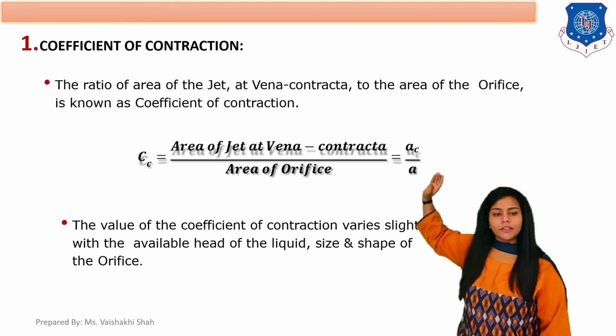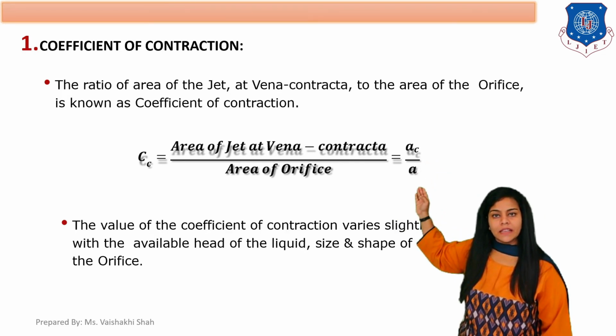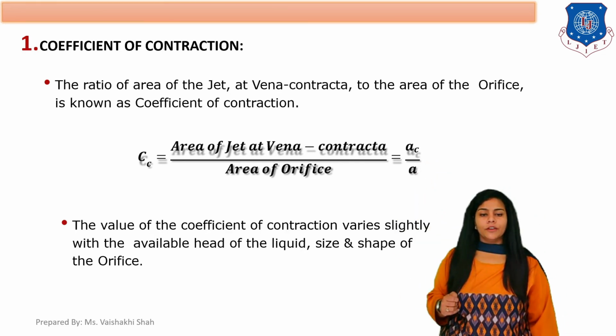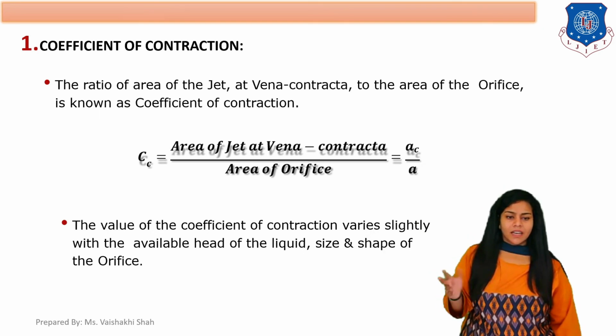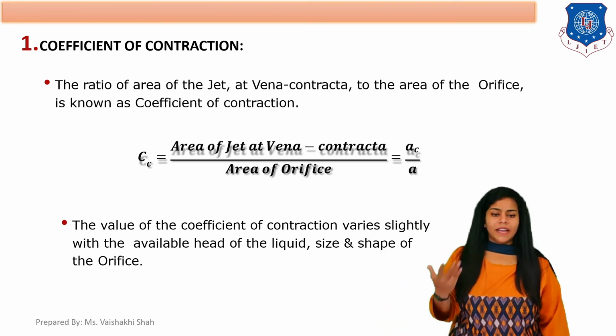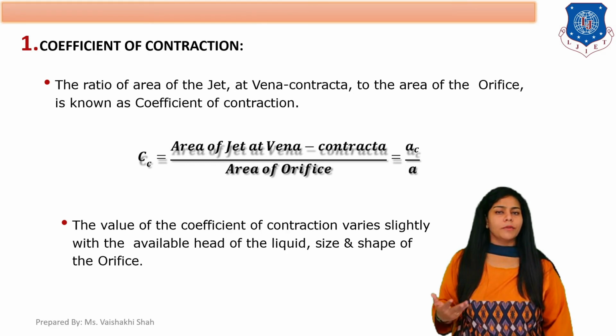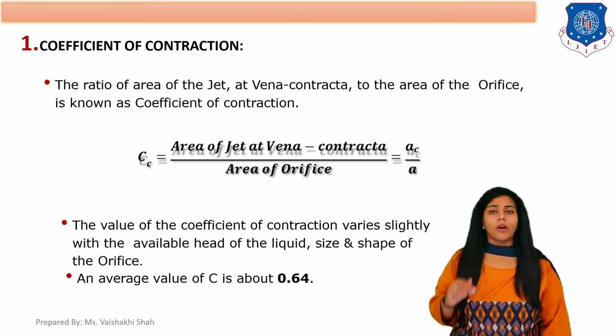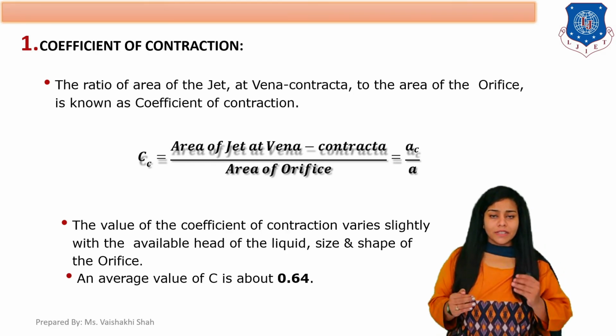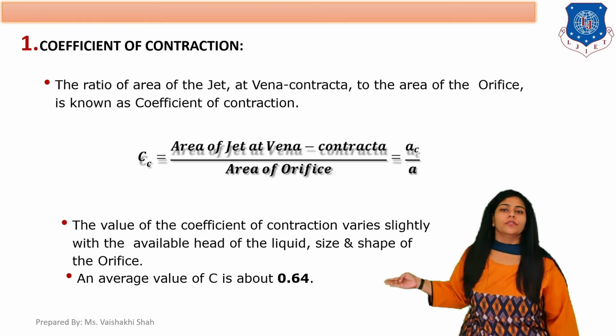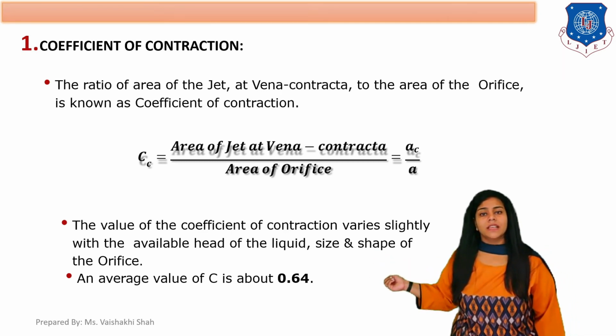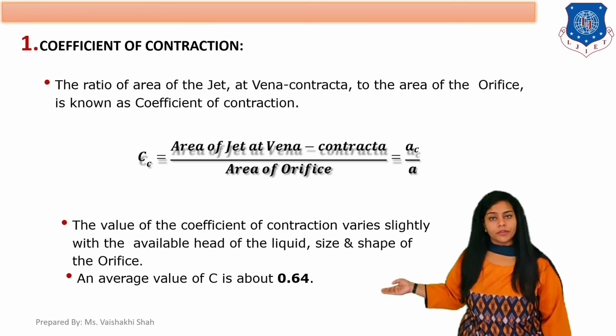So Cc equals Ac upon a. The value of the coefficient varies with the head of the liquid and the size and shape of the orifice, but normally we take the value of Cc as 0.64.